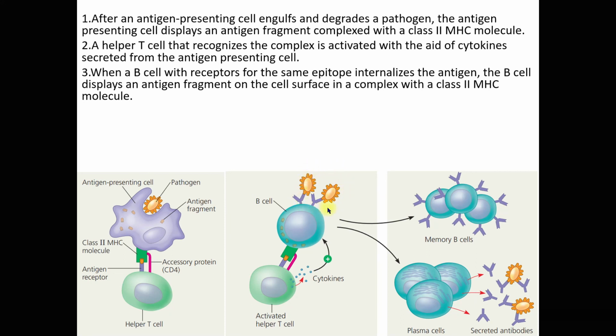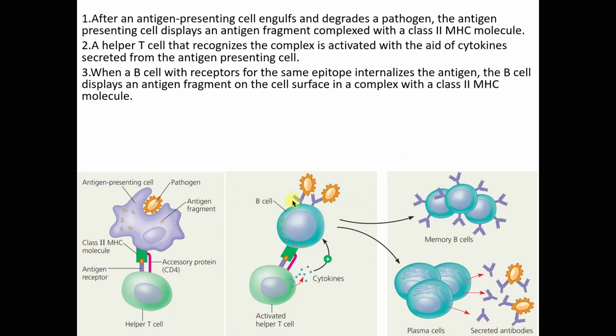When the B cell binds with the antigen, the B cell will display the antigen class 2 MHC complex on the surface of the B cell. That's why the B cell is also known as an APC, because it is able to display the antigen class 2 MHC complex on its surface. The same goes for the dendritic cell and macrophage.